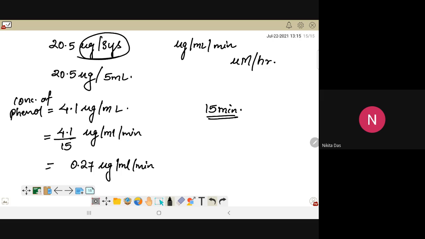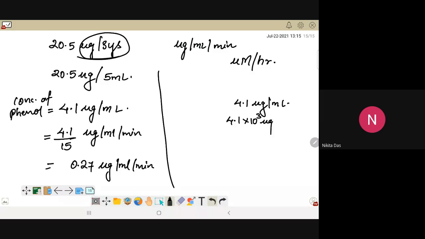Another way of expressing it is micromolar per hour. So how do we do that? Let us see that also. I know that I have 4.1 micrograms per ml. So I will express this as 4.1 into 10 raised to 3 micrograms per liter. To convert to liter, I have multiplied it by 10 raised to 3.